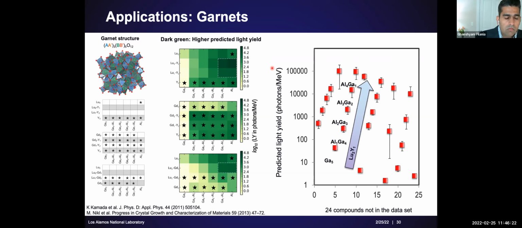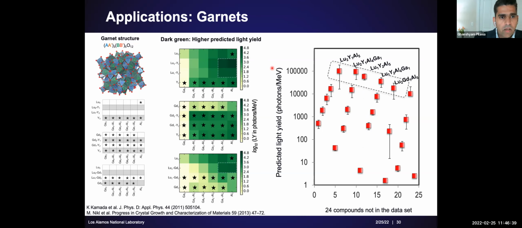We take a look at these trends, and we find that the model has correctly learned that as the aluminum concentration on the B site increases, the light yield systematically increases, and so on. So we take our top 5 predictions, and we recommend these for synthesis and testing.